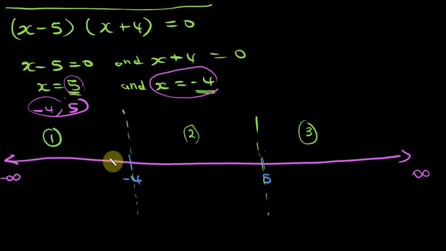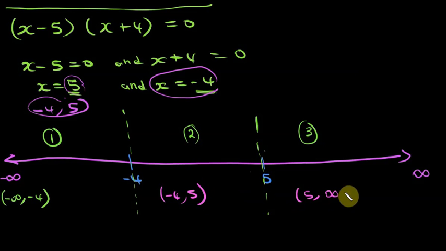Region 1 is from negative infinity to minus 4. The second region is from minus 4 to 5, so you have all these numbers inside. The third region is from 5 to positive infinity.